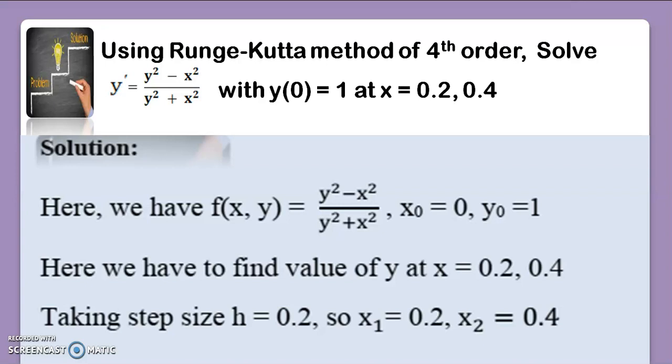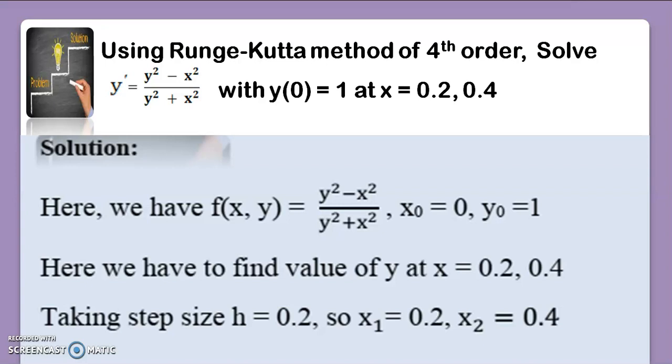Here the function is f(x, y) = (y² - x²)/(y² + x²), where x0 is 0 and y0 is 1. They are the initial conditions. Now we have to find the value of y at x = 0.2, 0.4. What is the difference between the successive x values? It is 0.2.